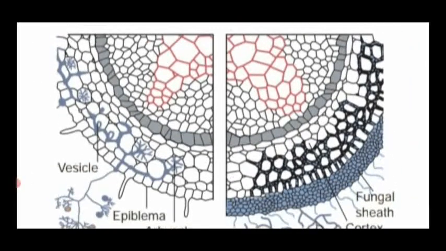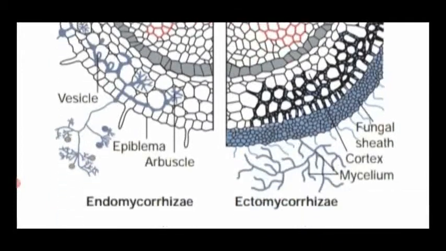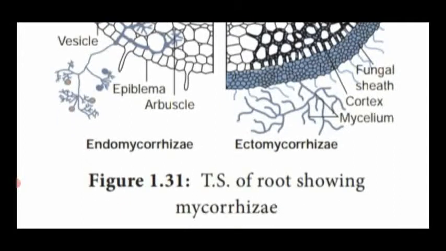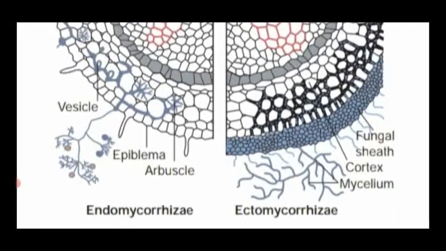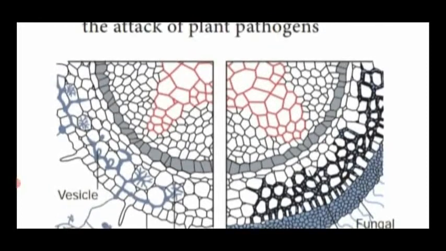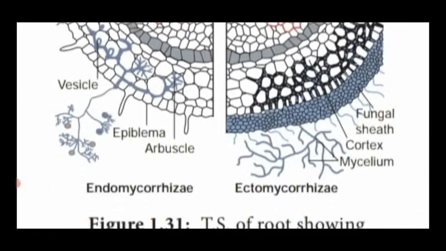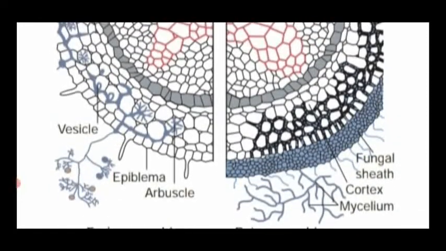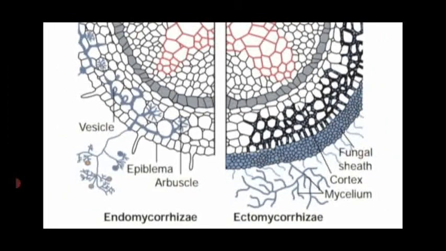Dear students, this is the structure of mycorrhizal fungi with the different types. This is the root of some plants showing the mycorrhizal association. Here 2 types of fungi are given, endomycorrhizae and ectomycorrhizae.